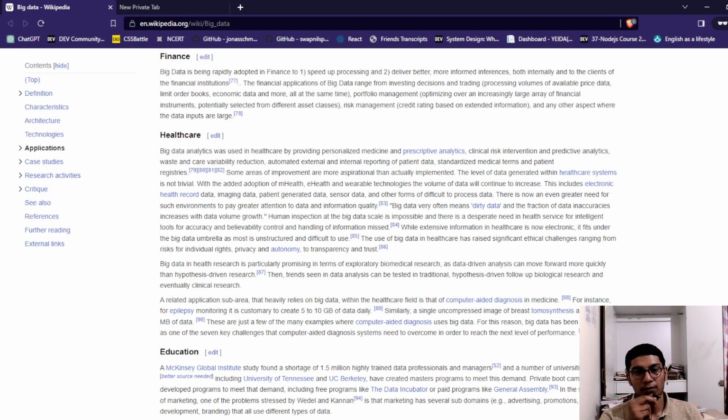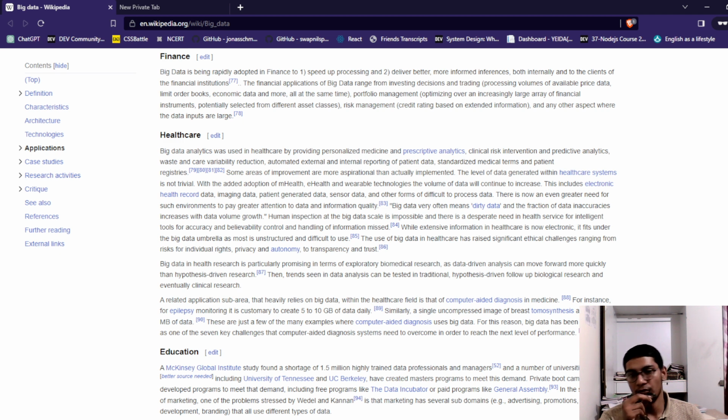Big data very often means dirty data, and the fraction of inaccurate data increases with data volume growth. Human inspection at big data scale is impossible, so there is a desperate need in health services for intelligent tools for accuracy and believability control and handling of information. While extensive information in healthcare is now electronic, it fits under the big data umbrella as it is mostly unstructured and difficult to use.